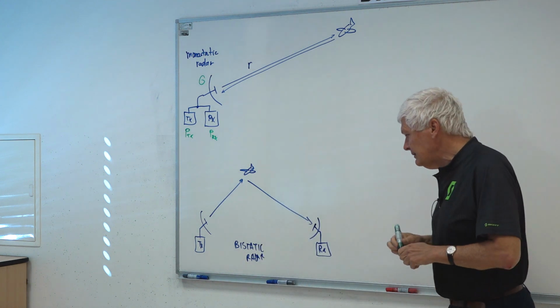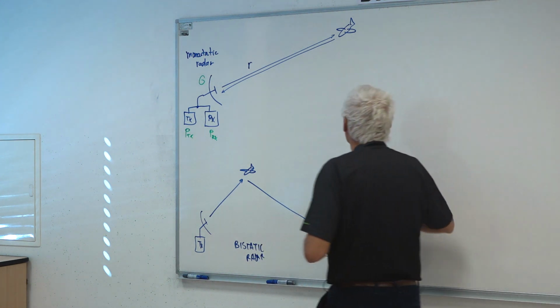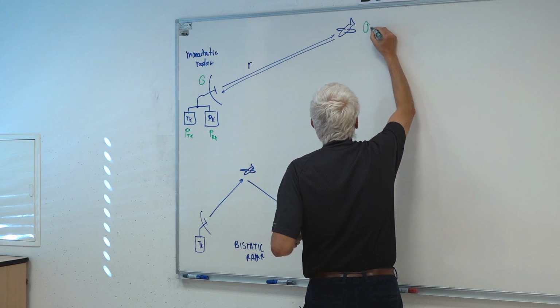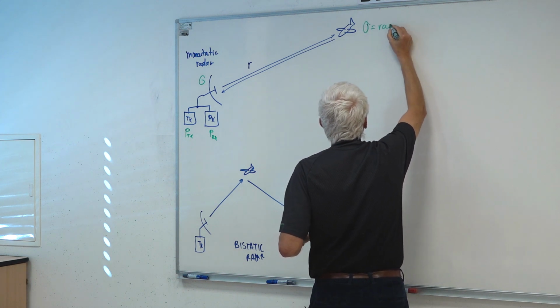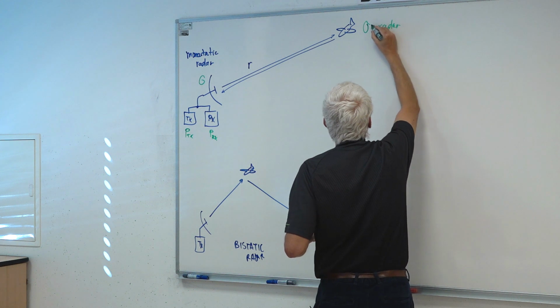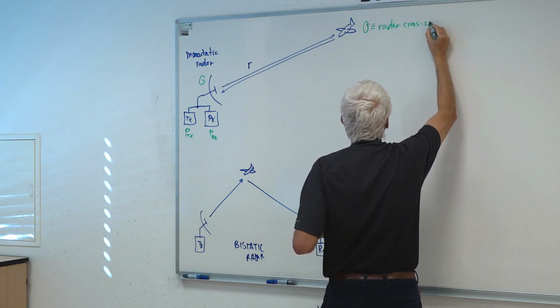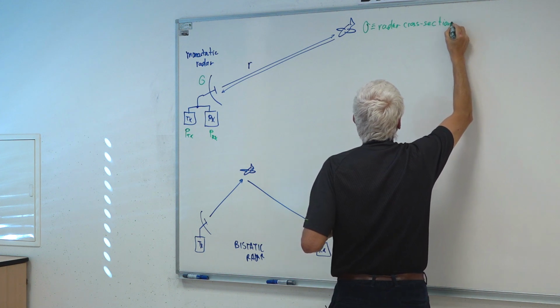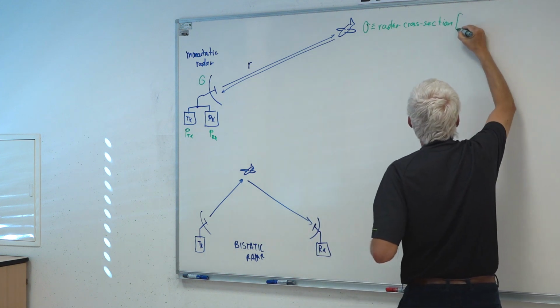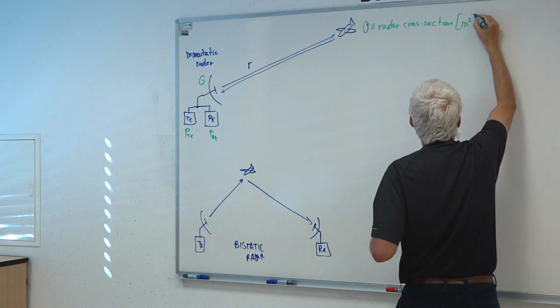Our target is described by an area that's called a radar cross-section. It has units of an area, so radar cross-section is given in meters squared.